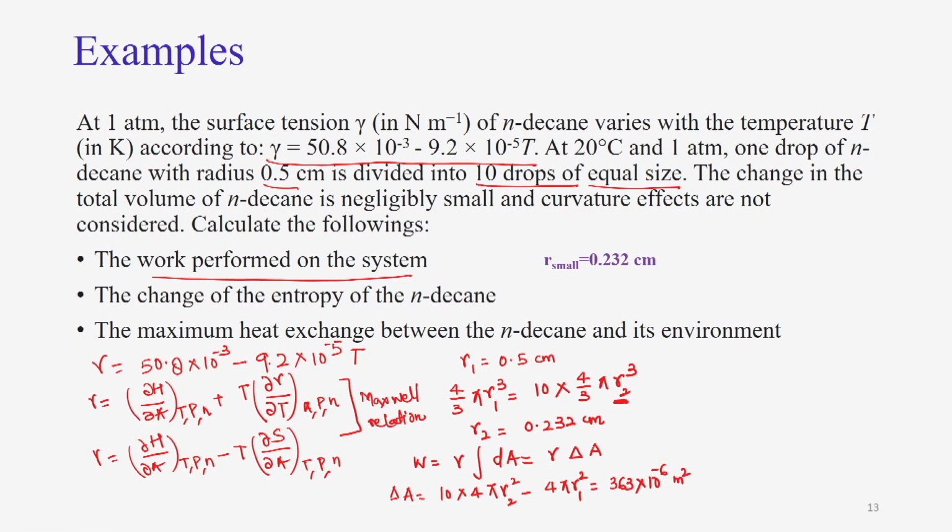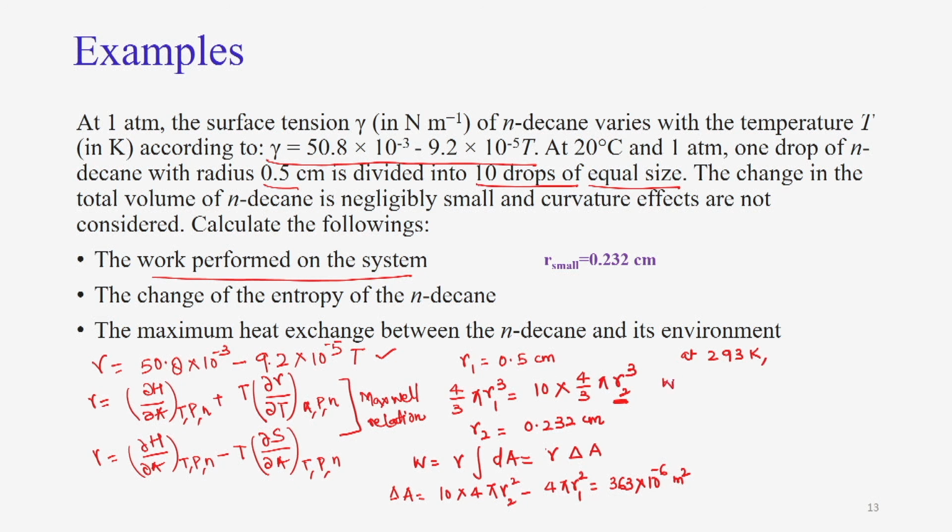Now, delta A is known, and gamma is already a function of temperature. So, at 20 degree centigrade, which means 293 K, we can calculate the value of gamma.